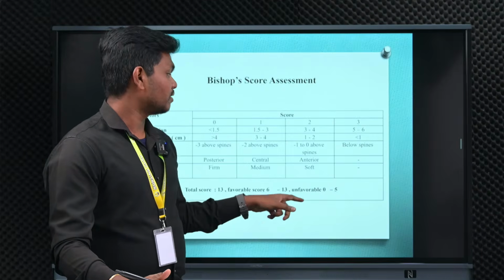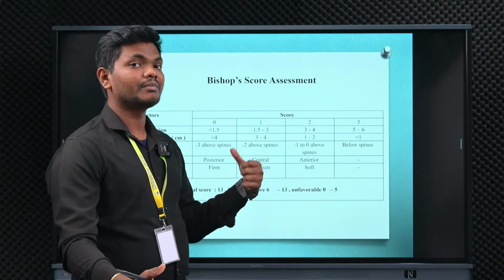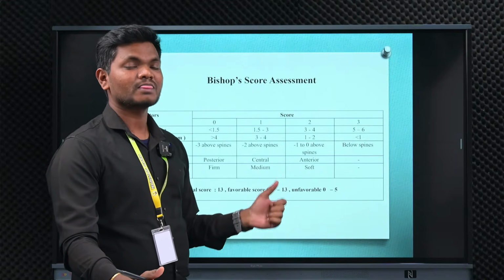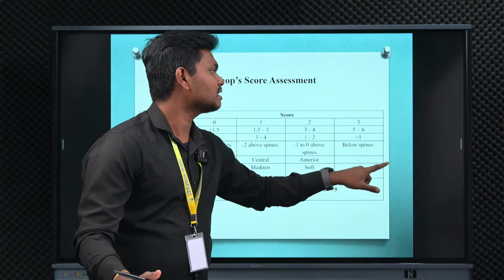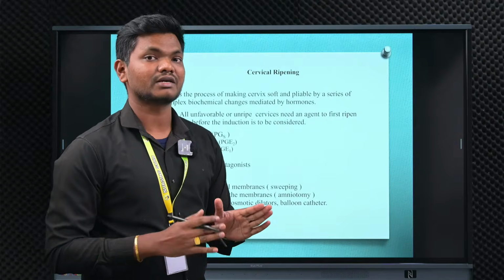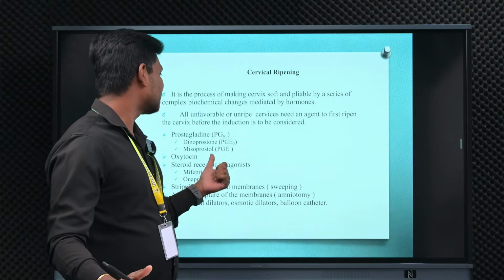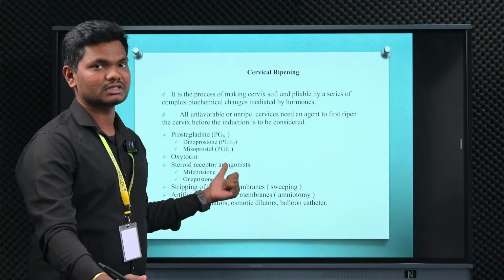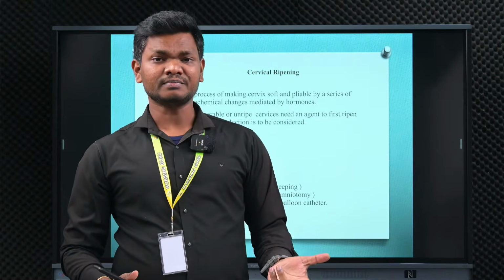So what should be done if it is unfavorable? We have to do cervical ripening, then start the induction. Making the cervix soft is known as cervical ripening. By using prostaglandins, that is dinoprostone and misoprostol, applied in the cervical area, we can then start the procedure.